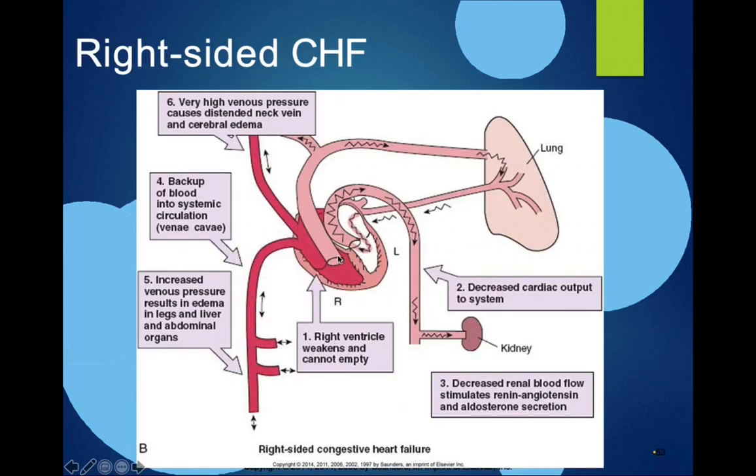So let's take a look at what's happening here. So now you have the right ventricle that's weak. So remember what I said before, you have blood that comes in through the superior vena cava and inferior vena cava into the right atrium. As the pressure builds up, the tricuspid valve opens, and with gravity alone, it goes from superior to inferior into the right ventricle.